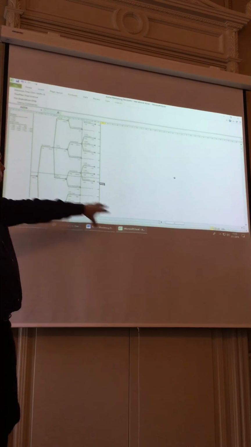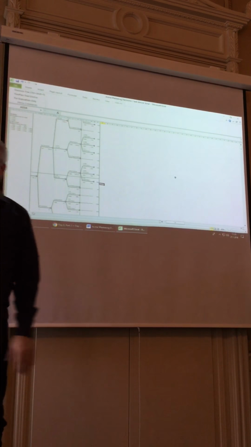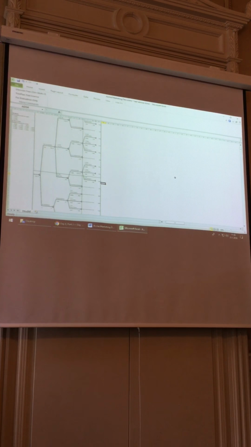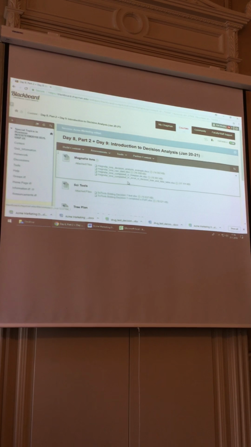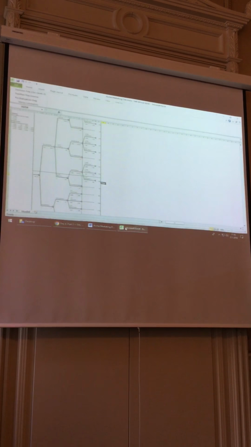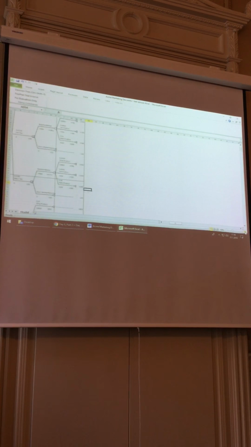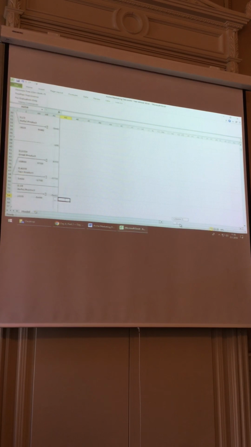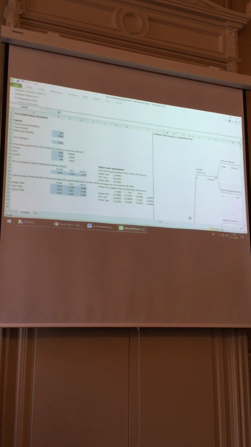So that tree on the board and this tree are the same thing. If you got totally very lost, right down here, there's Acme Marketing Decisions text almost done. You can download that and open it, and you can have the same tree of your very own.